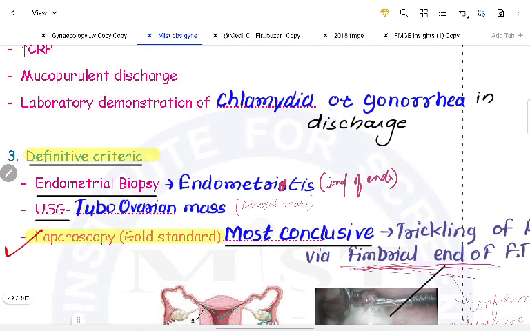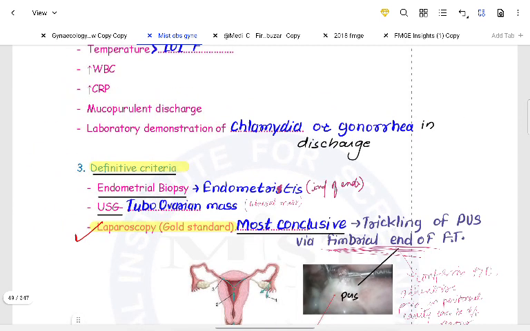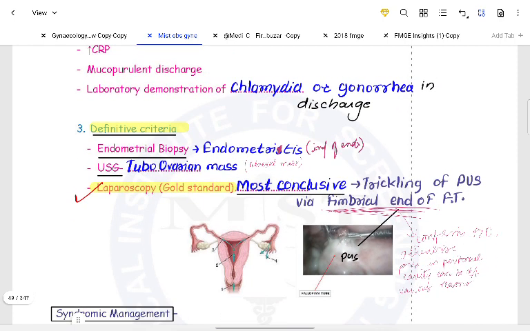And then on ultrasound, we can also give a definitive criterion when we see a tubo-ovarian mass or adnexal mass. But the gold standard, which is the most conclusive, says that if there is trickling of pus via the fimbrial end of the fallopian tube, it confirms PID. Otherwise, pus in the peritoneal cavity in general can be due to various reasons, right?